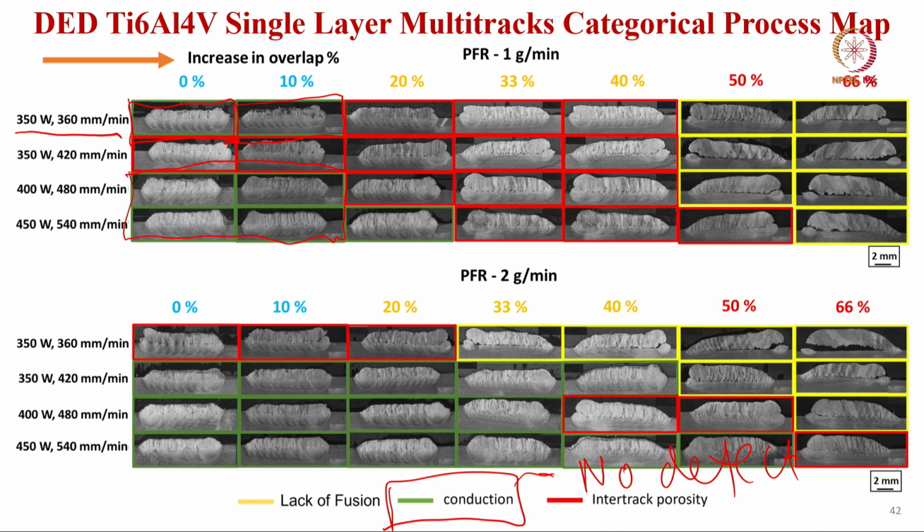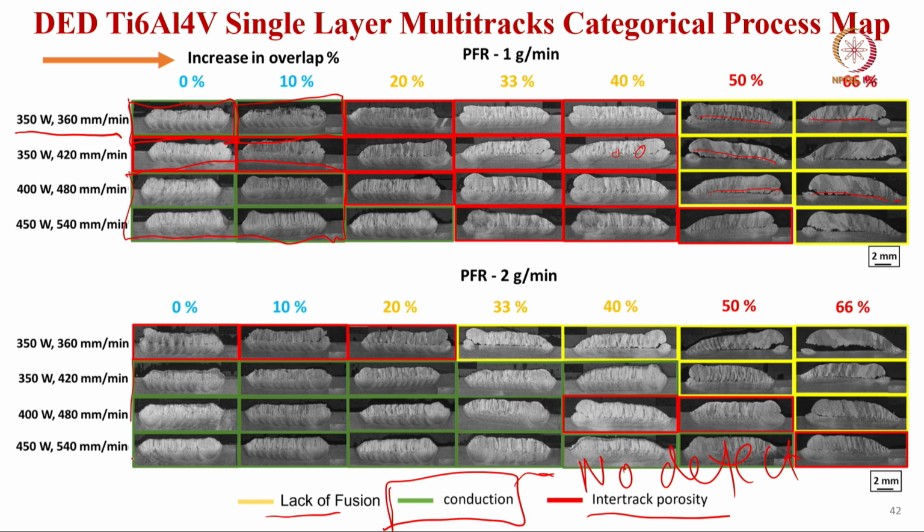All these red ones are intra-track porosity. Yellow ones are lack of fusion, there is no depth. Lack of fusion is certainly not acceptable in an industrial sector or in a commercial sense.